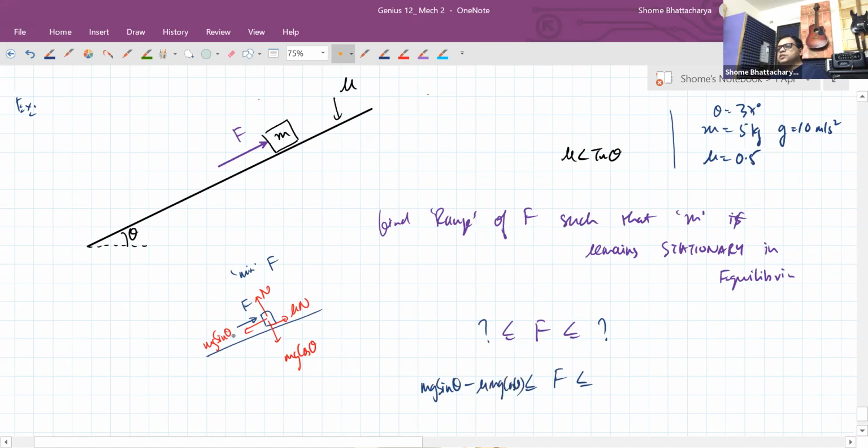And correspondingly, the maximum will be just the reverse of this. So you replace mu with minus mu. Okay. So F will be anything between 50 and 10 newtons.